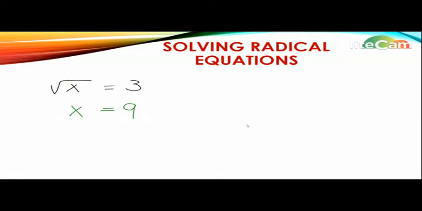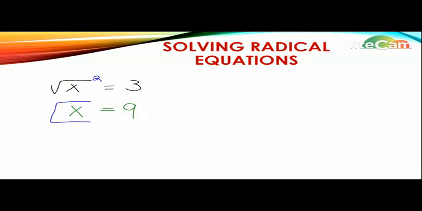All right. So let's just think about how you would solve this. The problem is that I want a system or process in order to solve. I don't want to just look at it and say, I think that has to be a 9. So what I'm going to do is square both sides.